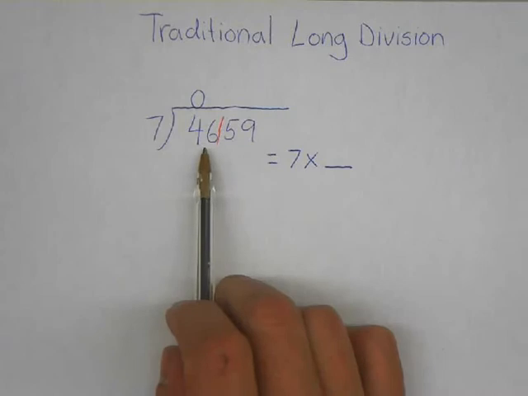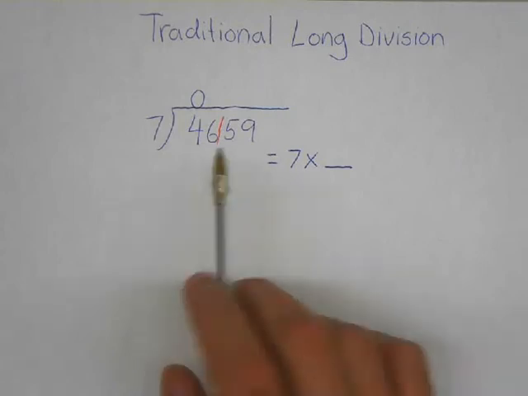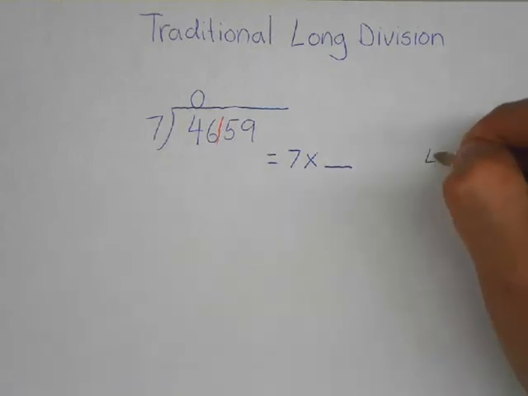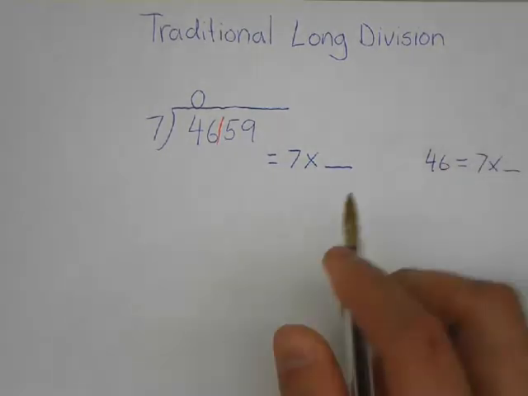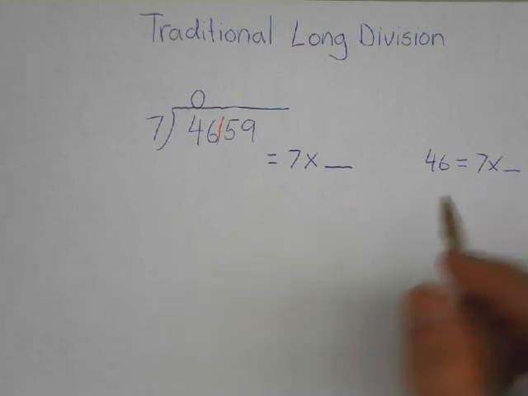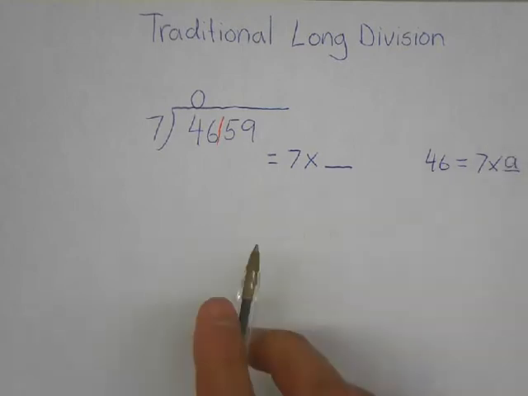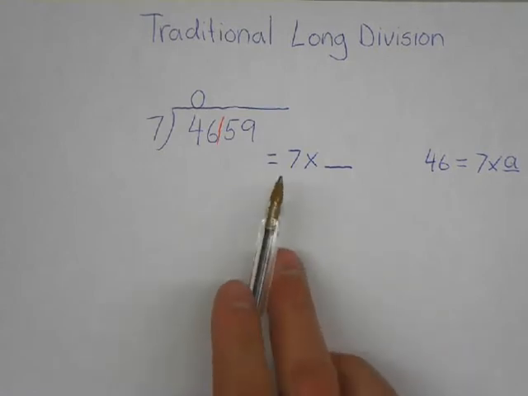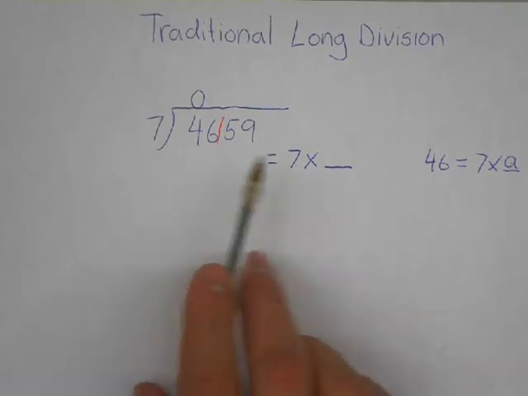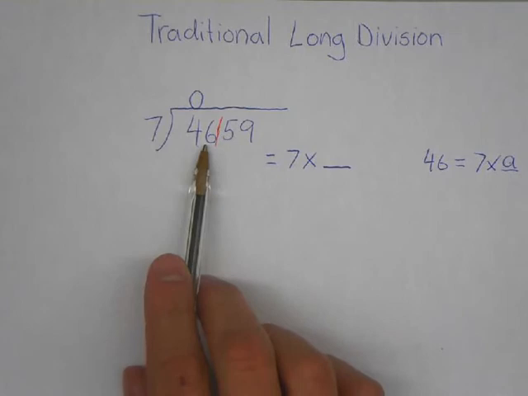So this is almost the same as doing an equation earlier. Let's just say our equation was 46 equals 7 times blank, which is now algebra, 7 times a, if we were to think about it. And this is exactly what we're doing. Now we know that 7 times anything is not going to equal 46.